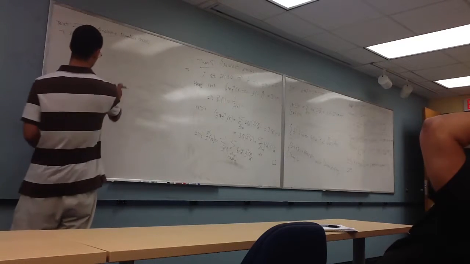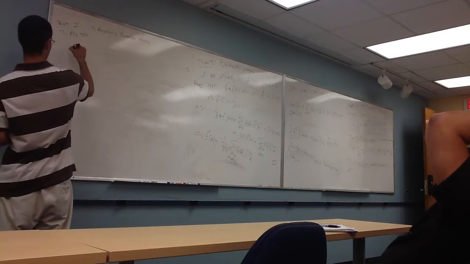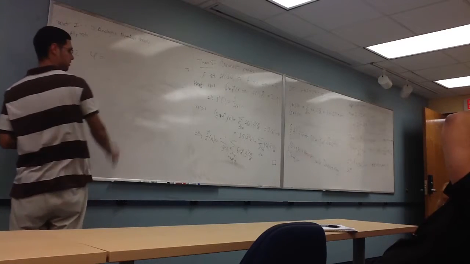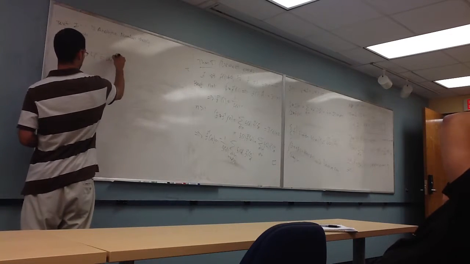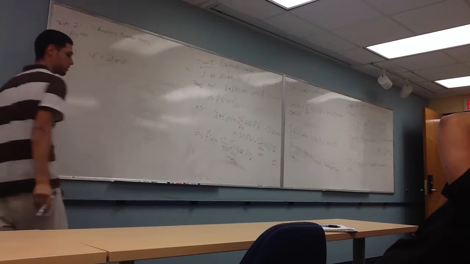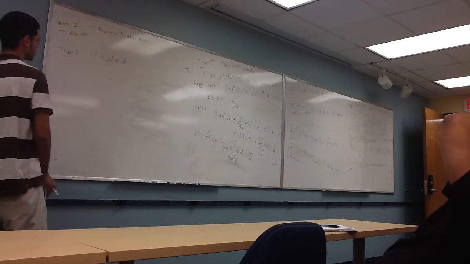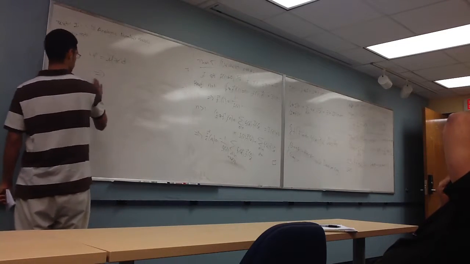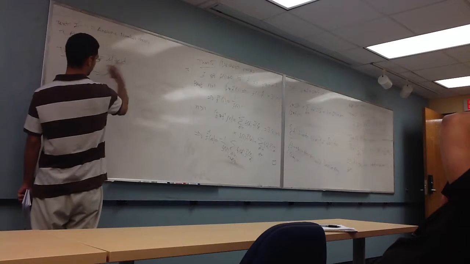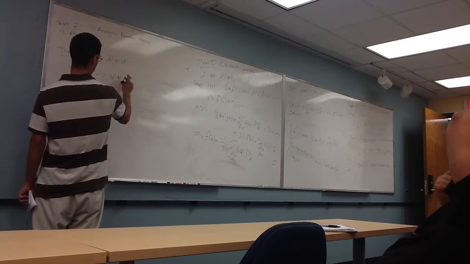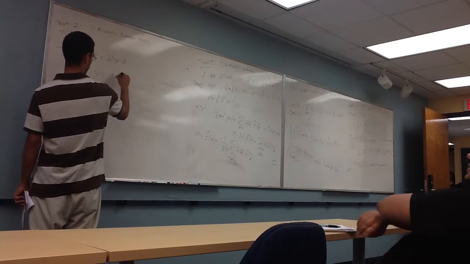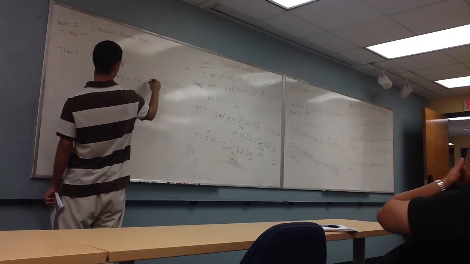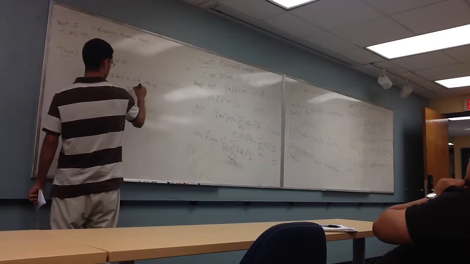So we'll go back to theorem 2. Theorem 2 tells us that this phi function, the Euler totient function, was mu convoluted with the identity function, the arithmetic identity function. So we know what the inverse of mu is now, so we just convolute with u on the right. We do a Mobius inversion, and this tells us that u convoluted with phi is u convoluted with mu convoluted with identity.